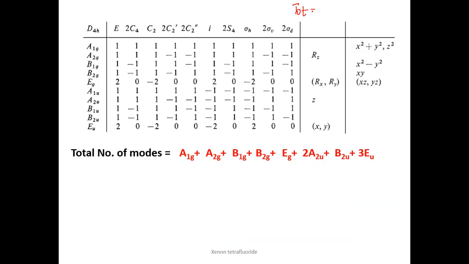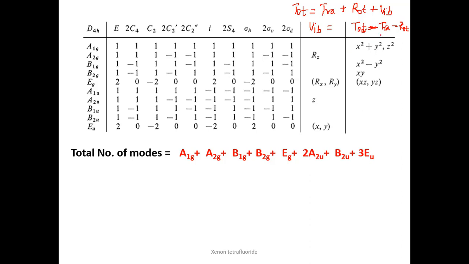Note that what we have got now is total modes, which is translation modes plus rotational modes plus vibration modes. From this we need only the vibration modes. That means we have to take the other terms to the other side. This is total minus translation minus rotation.